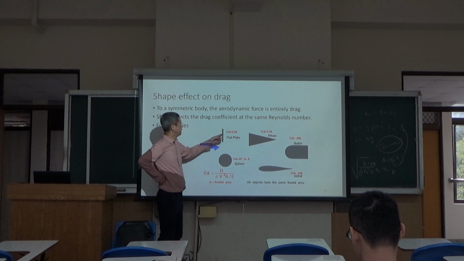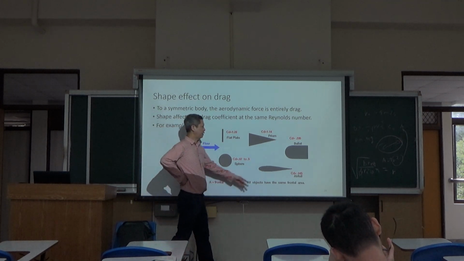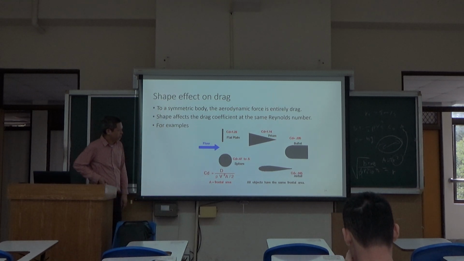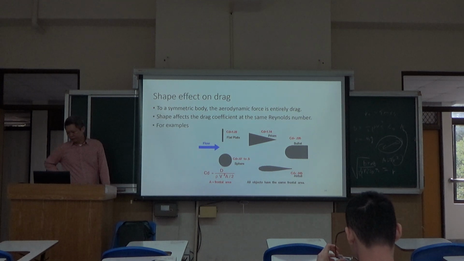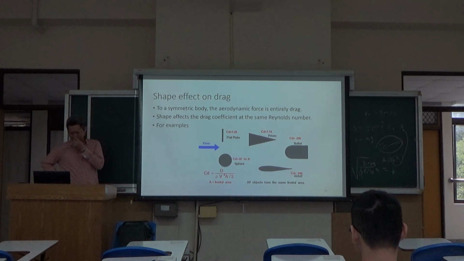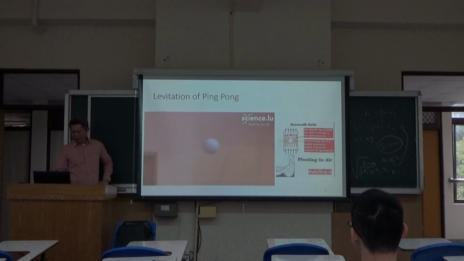For a flat plate, it could be 1.28. But for an airfoil, you can reduce the drag coefficient to only a fraction, 0.05. And for a bullet, the drag coefficient is also smaller than the sphere. So let's see this one instead.